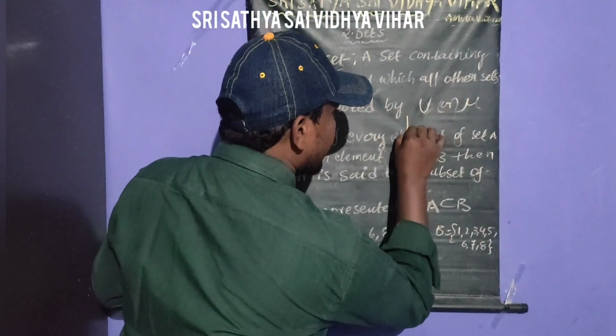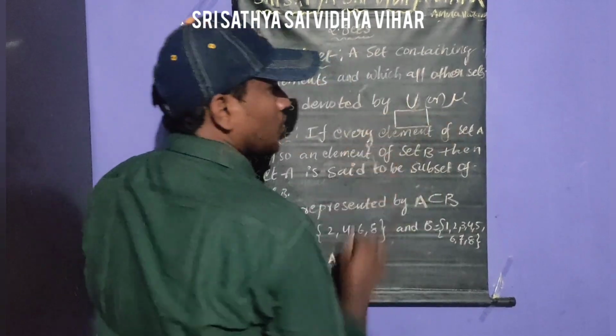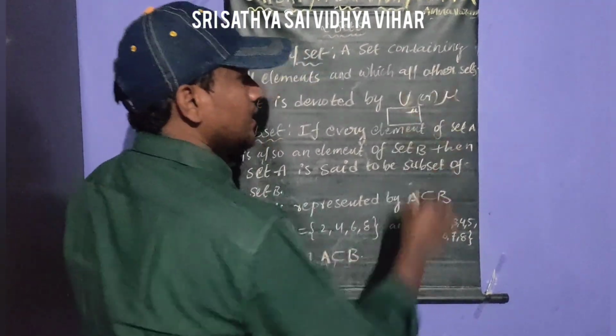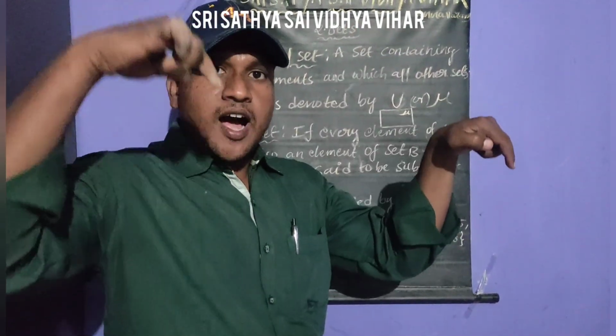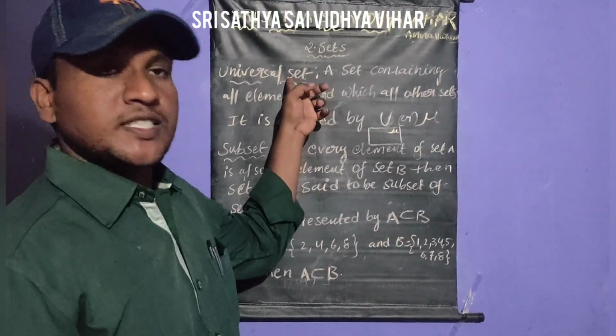The universal set is represented only by a rectangle. A set with all the elements is called the universal set.